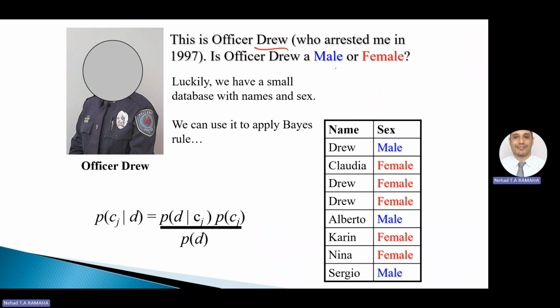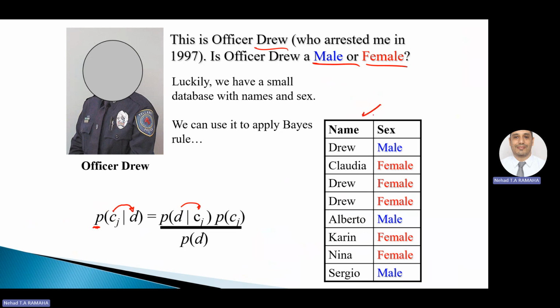Is officer Tru male or female? We know the general rule: the probability of the class given the feature equals the probability of the feature given the class, and so on. What are the classes that we need? Male and female. What's the feature? The name, Tru.